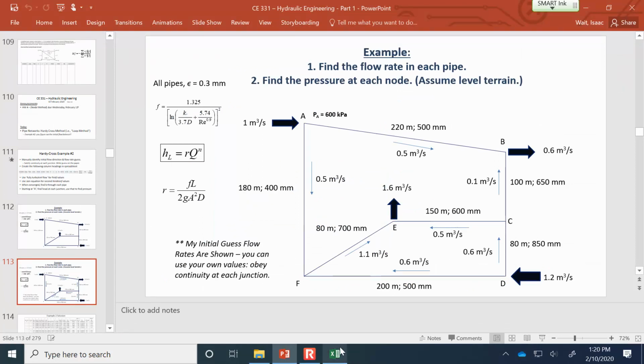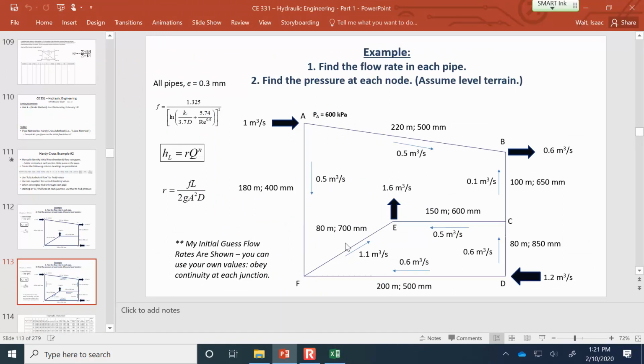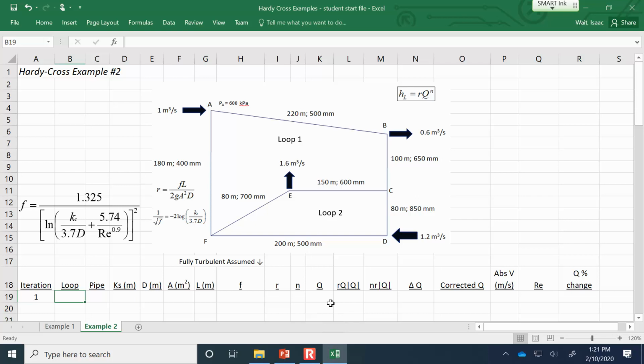But from the perspective of loop 2, the lower loop, it's in the same direction as clockwise, so that would be a positive flow. So one of the tricks that we emphasized during the example on Friday is that when we set this method up, we need to change the sign of the pipes that are in both loops. So we'll pay special attention to that.